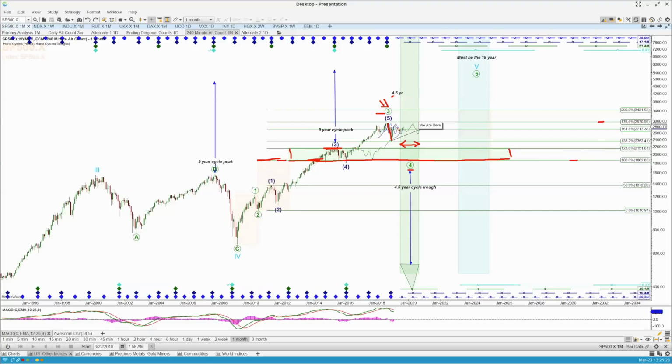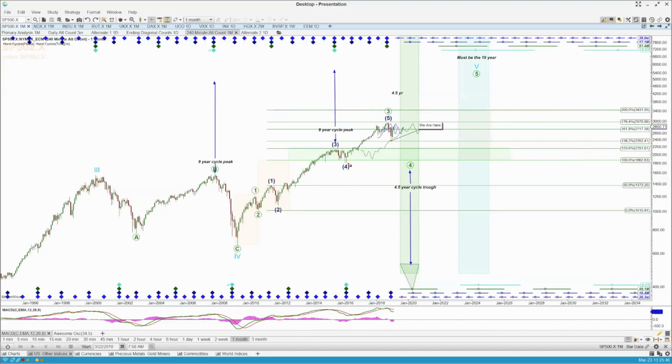So I would expect to see us revisit this support zone in the wave 4, which means the wave 4 could come down as low as 1862 and would typically come down to at least 2151. Okay, so that's the area that we're expecting to be revisited.